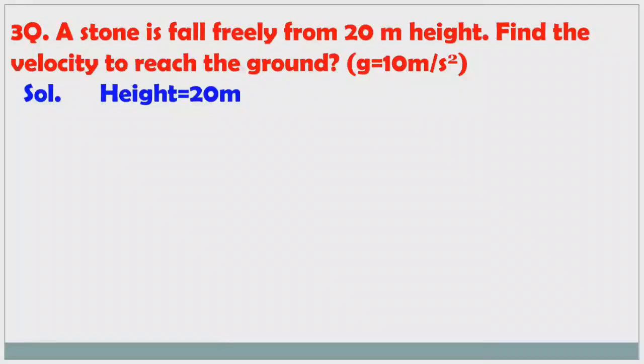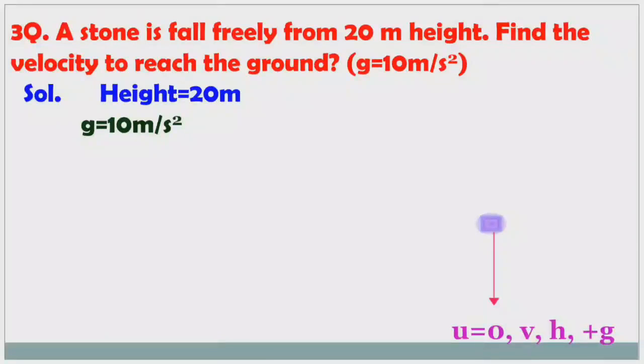So height 20 meters is given, and g value 10 meter per second square is given. The stone is falling freely from 20 meters height, so the u value is 0. When it is falling freely, the initial velocity u is 0. We have to find the v value.